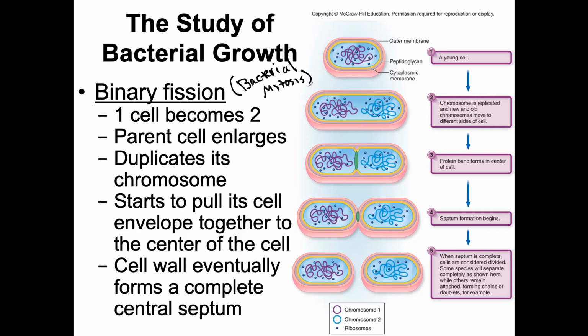What happens is that the parent cell gets bigger, it duplicates its chromosome, and then starts to pull its envelope together in the center of the cell, and then forms a new cell wall, and then we split. In most cases, this is very rapid.